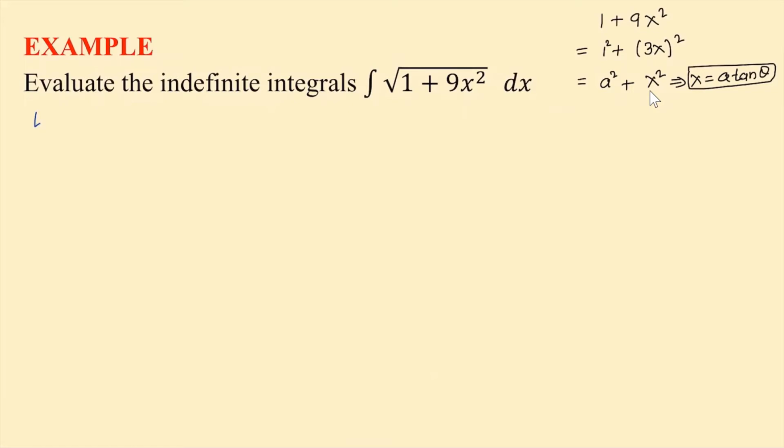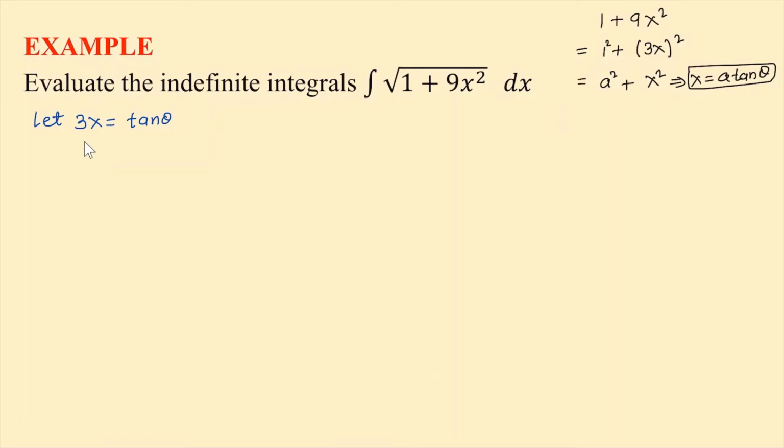In place of x, I now have 3x, so I'll write 3x equals a tangent theta, where a is 1. One times tangent theta is tangent theta. So we make the substitution 3x equals tangent theta.